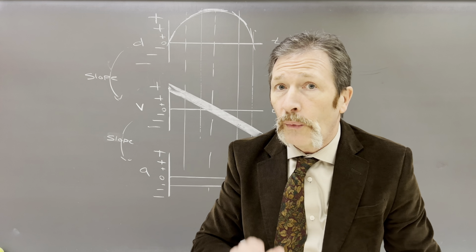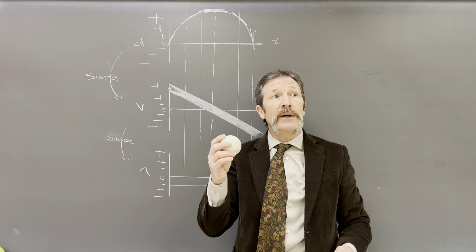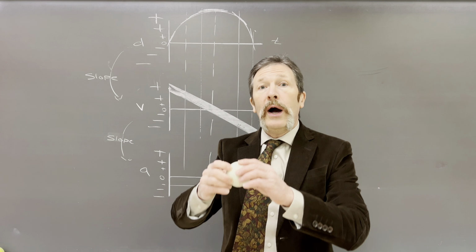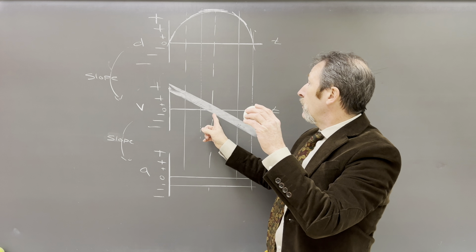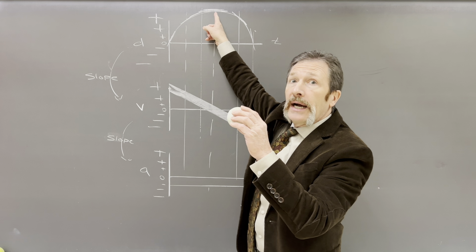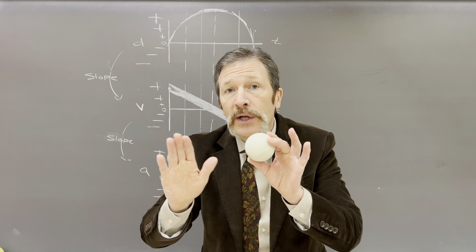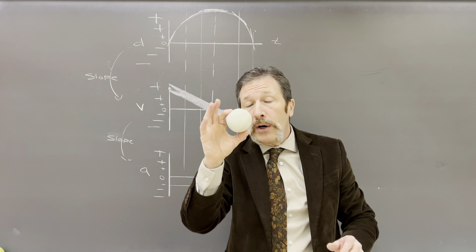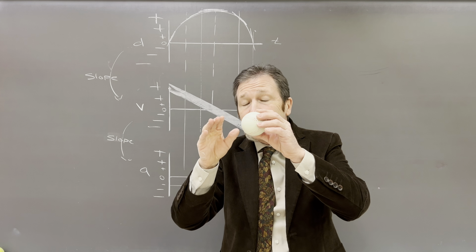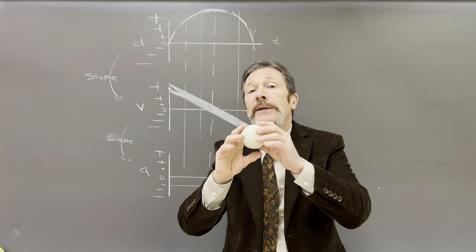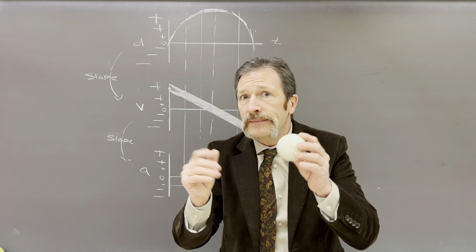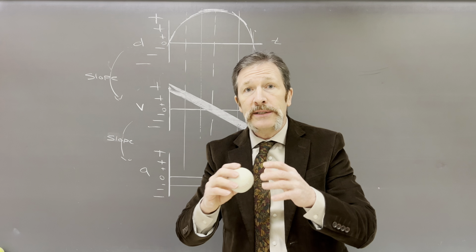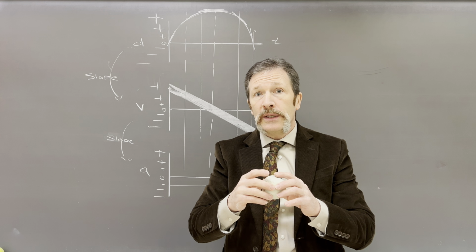Another way to think about why it cannot be 0 at the very top: if a ball were to go up and its velocity were to stop right here at its highest point, and there was no acceleration, if a ball stopped and it didn't accelerate, it would simply hover in space, which we all know is not going to happen unless you're watching a cartoon. Think about this.